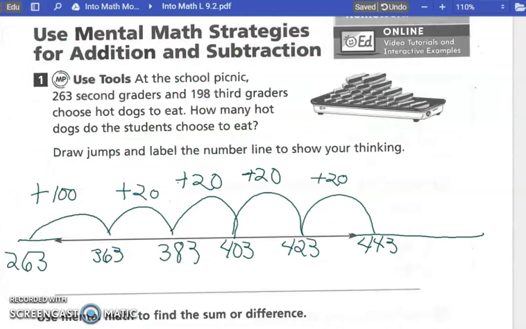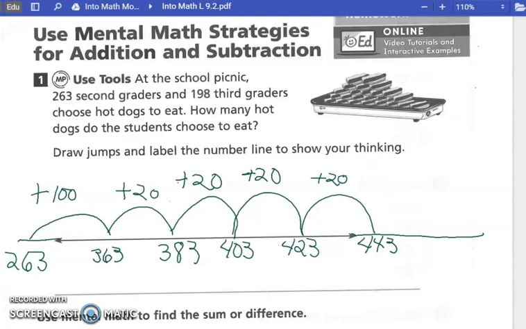All right. We had a little trouble with the recording, so we decided that we were going to start at 263 and add our 198 to that. So we took 263, we added our 100, and then we thought it would be a lot to add 10s, so we decided to add 20s. And we were trying to get to 90 since there's a 9 in the tens place. So we're at 20, 40, 60, 80.